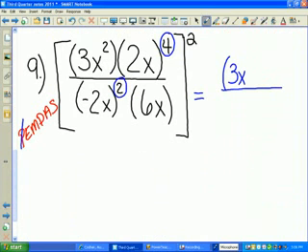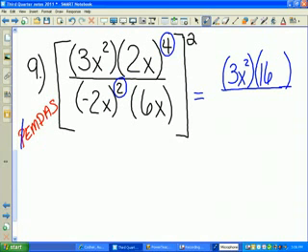This 3x squared is going to stay right where it is. I don't need to simplify that. But that 2x raised to the 4th power is telling me I need to raise everything inside that parenthesis to the 4th power. So that means 4 2's.